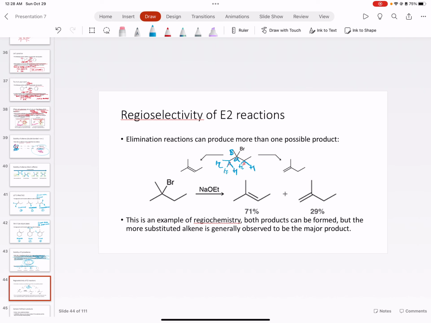So then you can see that I can have a total of 2 different products in this one. And that is because my beta position on the left doesn't look the same as my right side. That's why I have 2 different.